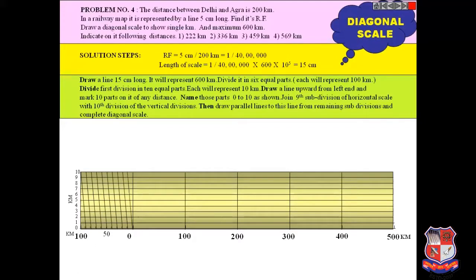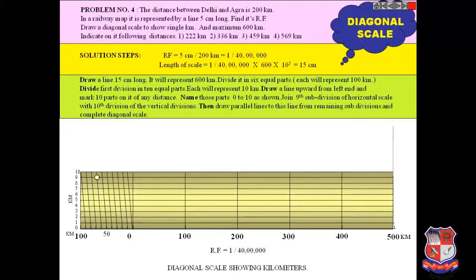Now you have to mark different distances in kilometer on this scale. So first of all, 569 kilometer. One line from 500 kilometer and another line from 69, means 0, 10, 20, 30, 40, 50, 60 and 9. This is the 60 line and the 9 line is here, so where they intersect will be your 69. So in this way you have to show 569 kilometer.